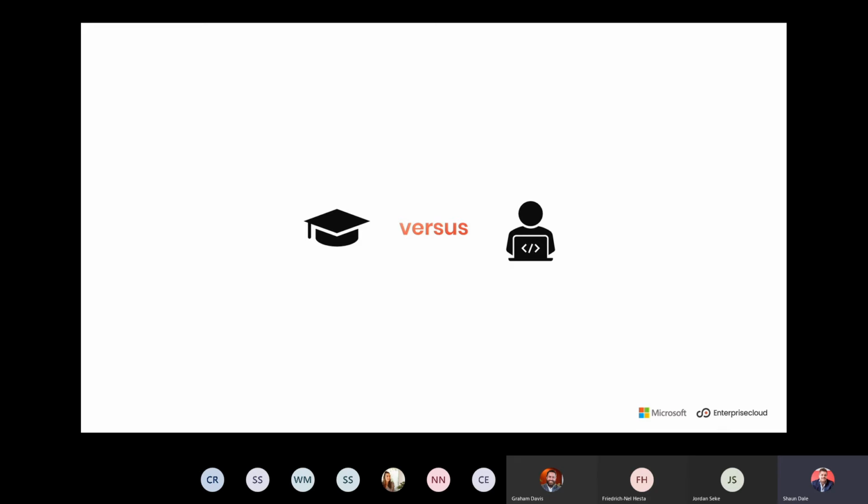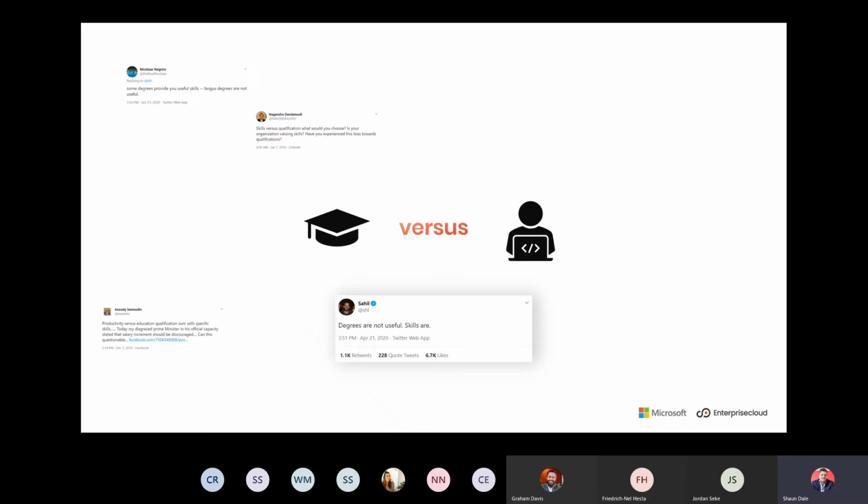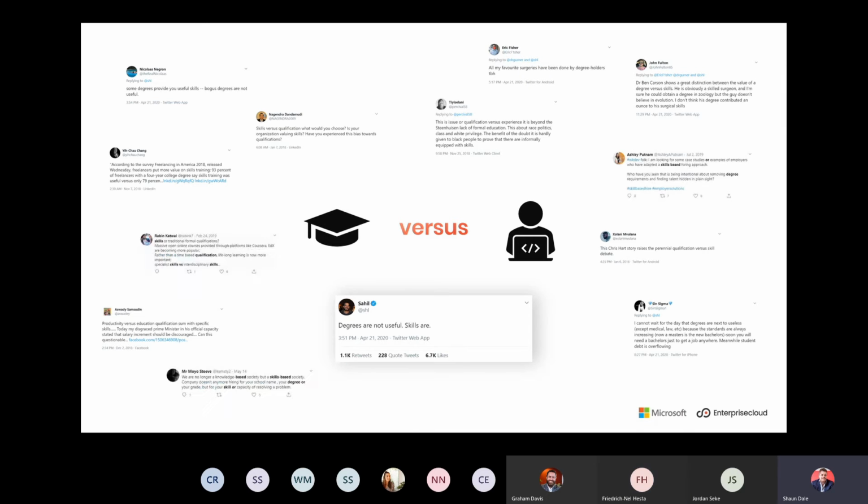And it's a big debate that's been going on, and we've put some clips here from Twitter to say, here's this guy saying degrees are useful or are not useful, skills are. And there's a lot of noise and a lot of conversation that comes on both sides of the fence. Not all of it very clean, and not all of it above board.